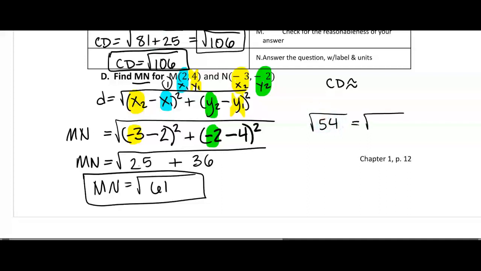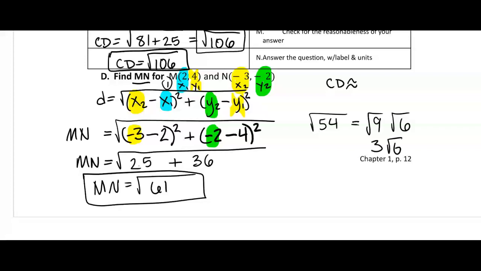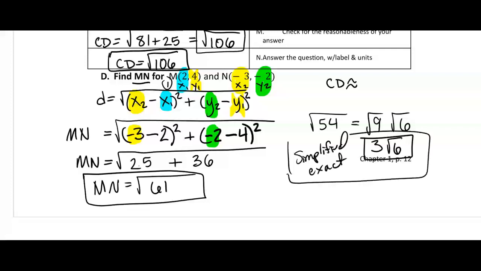So this could be written as the square root of 9 times 6, 54 is 9 times 6. Square root of 9 times the square root of 6. And the square root of 9 is 3. The square root of 6 is just radical 6. And that would be my simplified exact answer, unless we're specifically told to find an approximate, which gives decimals.